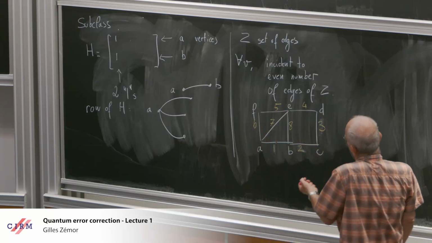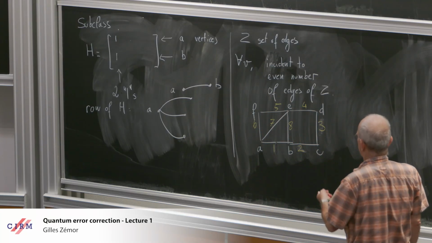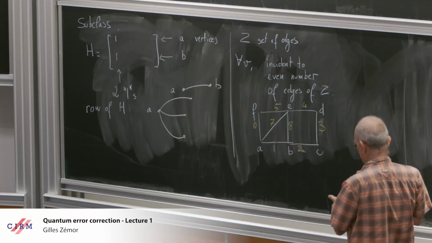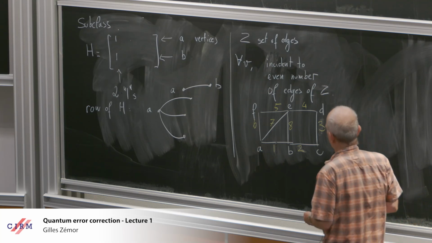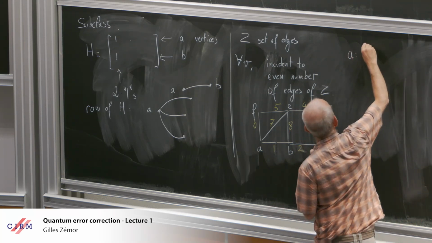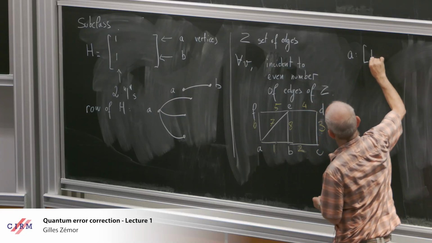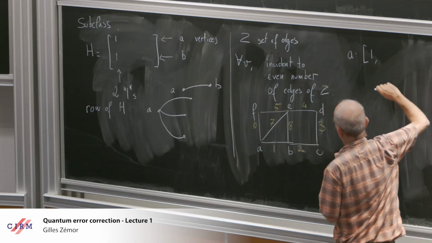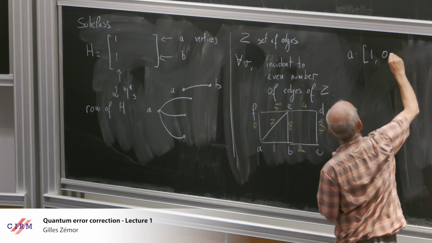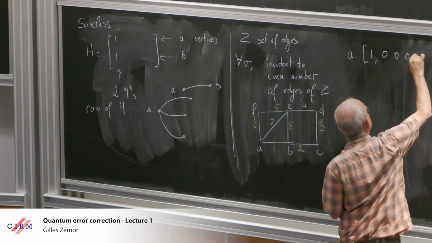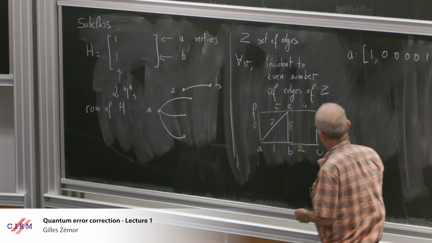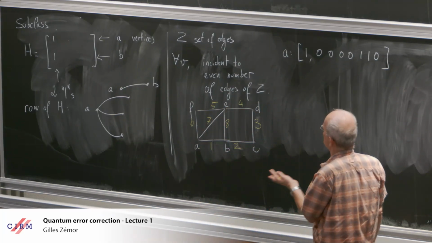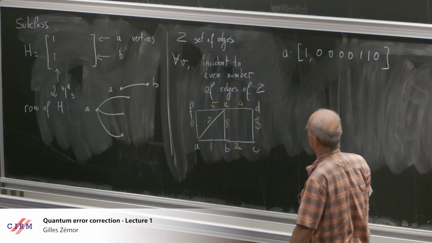So here we've just created a code of length 8 and a parity check matrix with 6 rows. And so, for example, row A will look like this. It will have a 1 in position 1, and also 2, 3, 4, 5, ones in position 6 and 7, because it represents this incident structure. So I'm not writing the whole of the parity check matrix, but you get the idea.